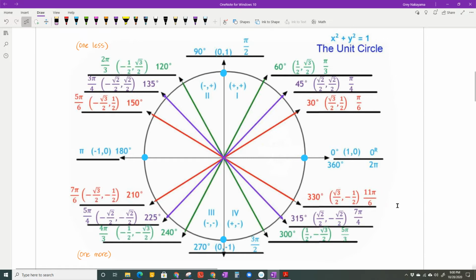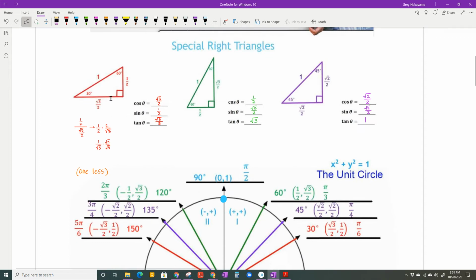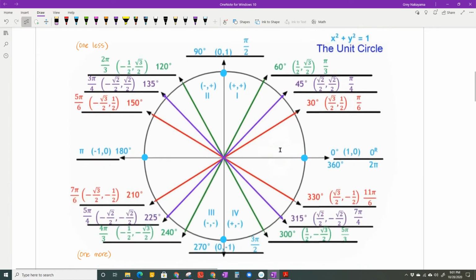Okay? So the last thing that I want to remind you about is one of the things that this does is when you have this, you can easily know the sine and cosine of numbers because we just filled it out up here in this triangle. When I had this right here, the cosine was the square root of 3 over 2. Well, if you look at your coordinates, where does that show up? It shows up in the first coordinate.